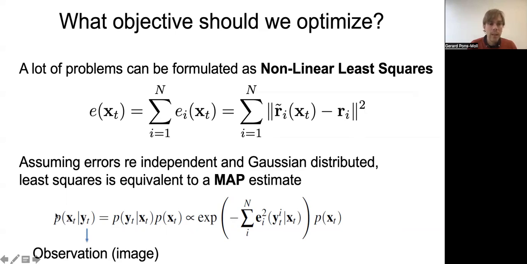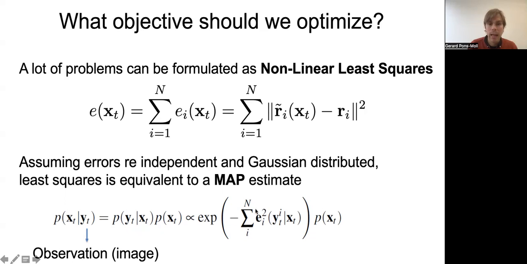So here, if you have the posterior probability of parameters xt conditioned on the image yt, this can be turned into the likelihood times the prior. And if you write the likelihood as this exponential of the sum of individual errors, we notice that when we take the minus log of this, this term will be equivalent to this term over there.